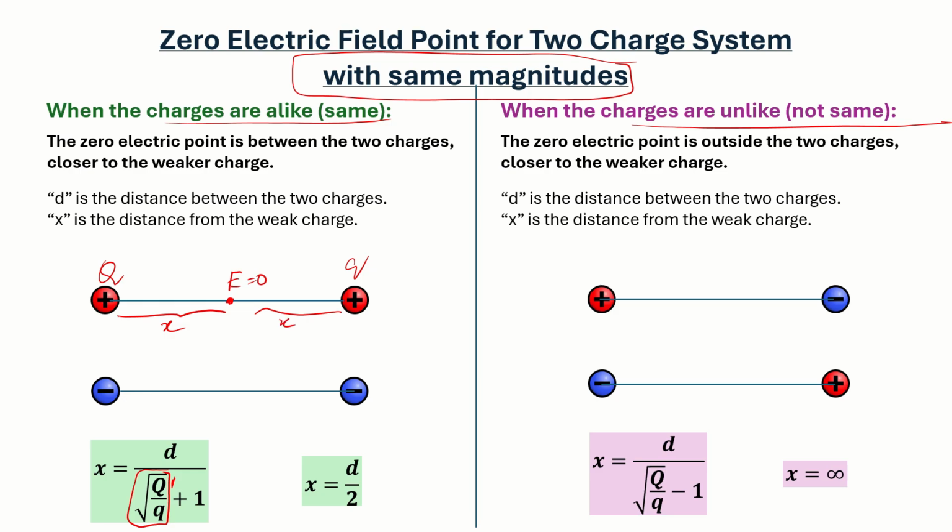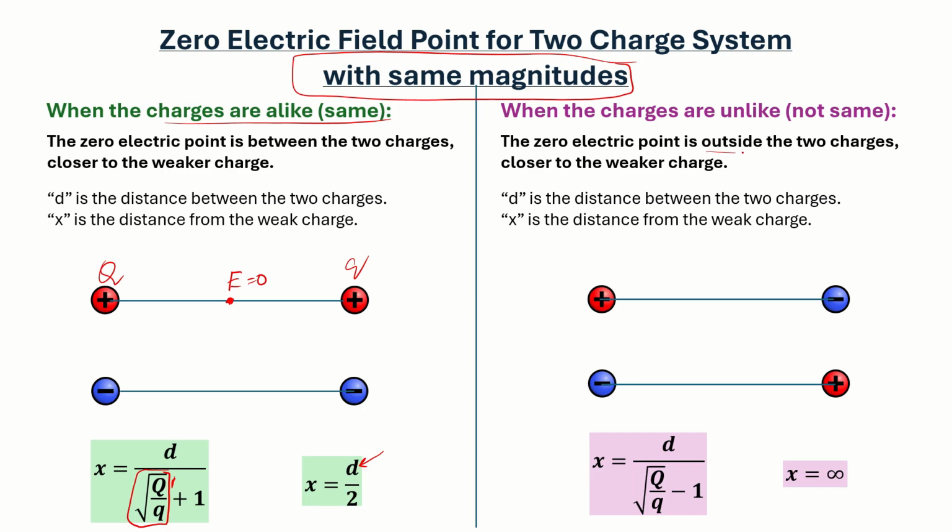It's up to us. Both are the same. This is the easiest way. No need of any formula. Just whatever the total distance between the two charges is given, divide it by 2. We get the answer. Now, when the charges are unlike, where is the zero electric field point?